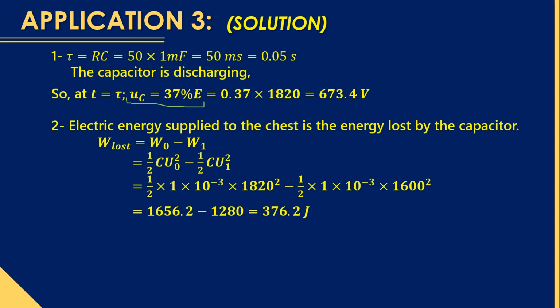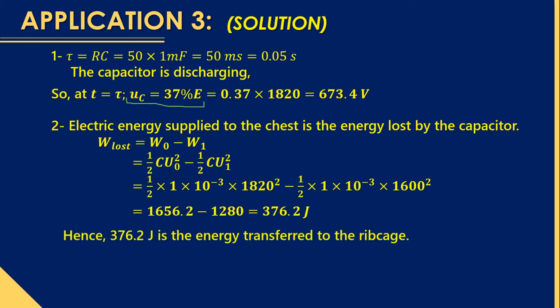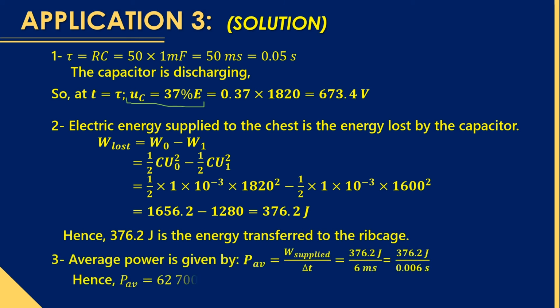Now, going to part 3, which is calculate the electric power delivered to the heart or to the chest. First, electric power, as we know it from grade 8 maybe, is simply energy per unit of time. So I go to the equation P average equals energy over time.